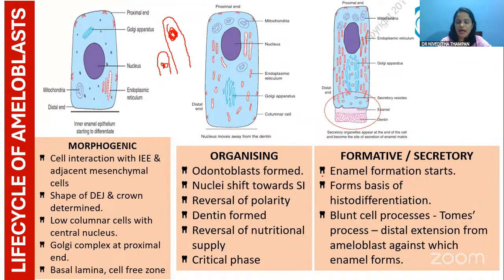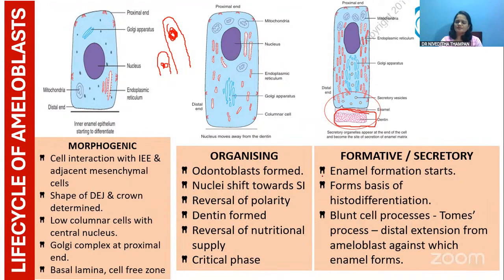Reversal of polarity is seen, and during the formative or secretory stage, the ameloblast will start secreting the enamel matrix. As you can see in this border, the dentin is formed and the enamel is also getting secreted.